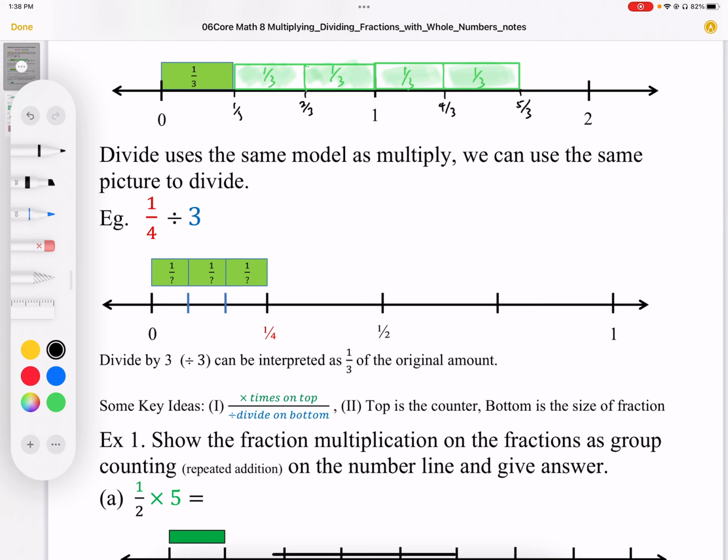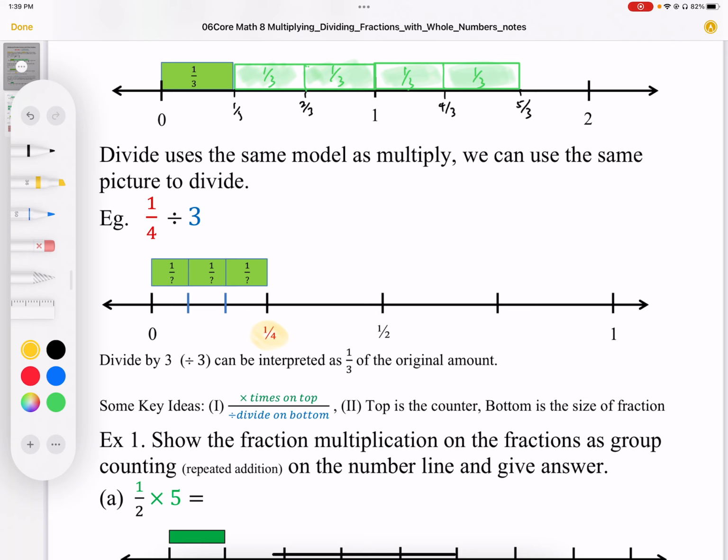So for divide, we're using the same model as multiply. We're just going to use the number line for now, and we're going to start with the 1/4 fraction. On our number line there's 1/4, and that whole green bar represents the 1/4 fraction. What we're going to do is take that 1/4 fraction and divide by 3.